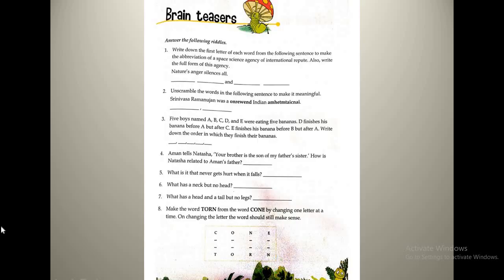Now the third is: 5 boys named A, B, C, D and E were eating 5 bananas. D finishes his banana before A, but after C. E finishes his banana before B, but after A. Write down the order in which they finish their bananas.